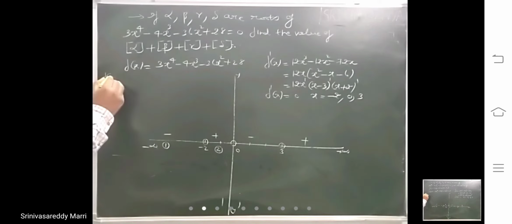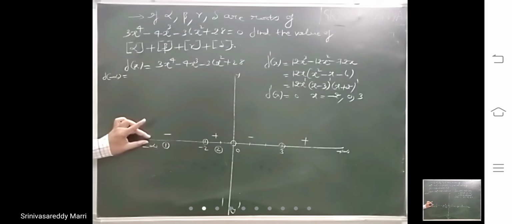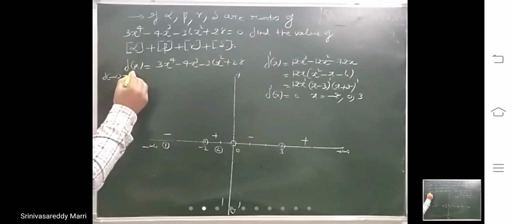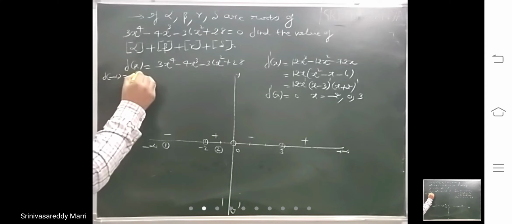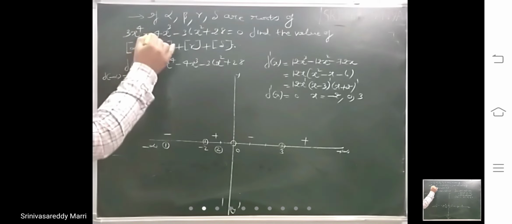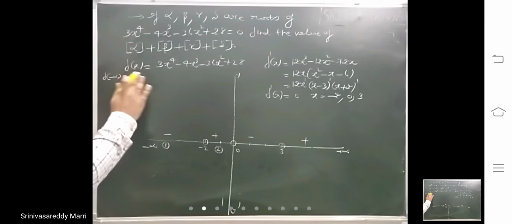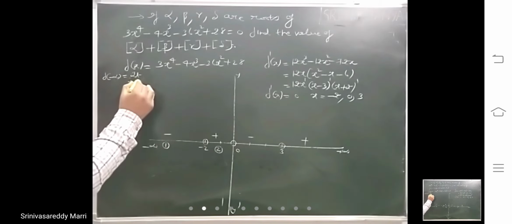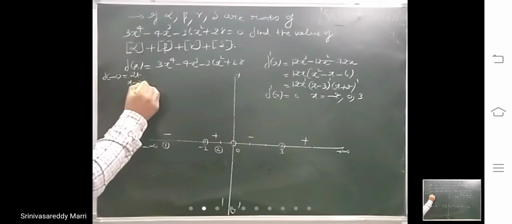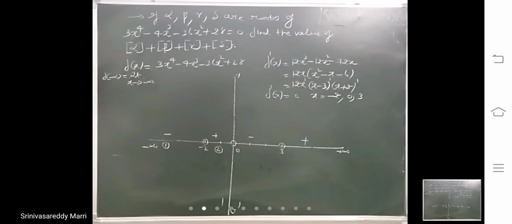F of minus infinity: take x power 4 common. For minus infinity, you have to calculate the limit as x tends to minus infinity of f of x.